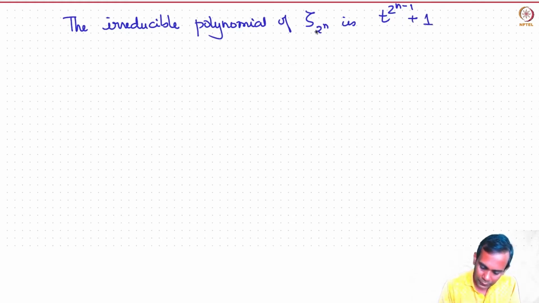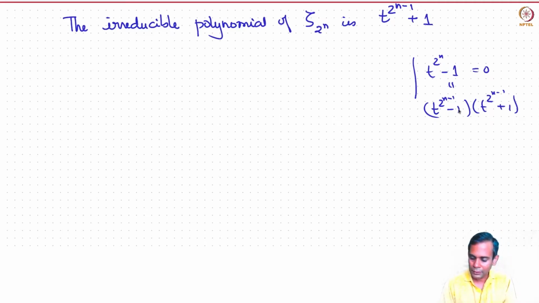Recall that ζ_{2^n} on the face of it satisfies the polynomial t^{2^n} - 1 = 0, but this has a factorization (t^{2^{n-1}} - 1)(t^{2^{n-1}} + 1).